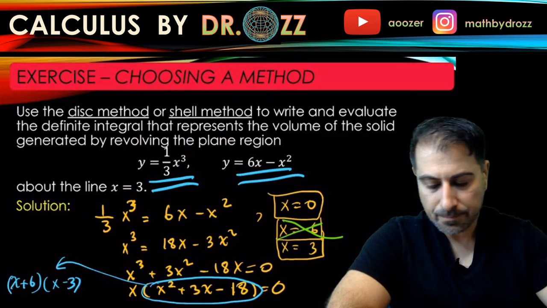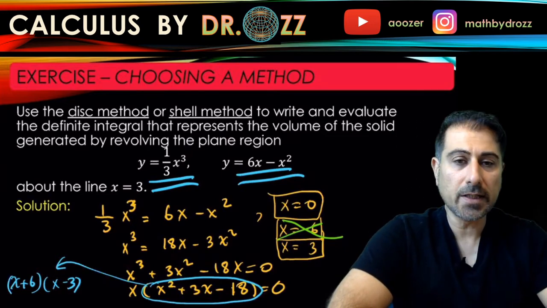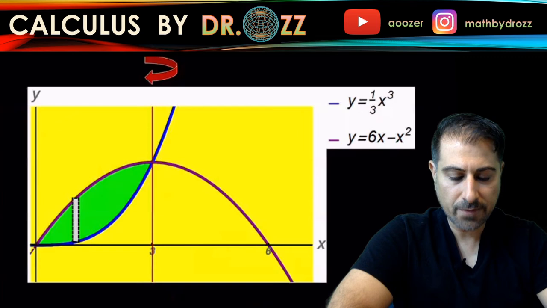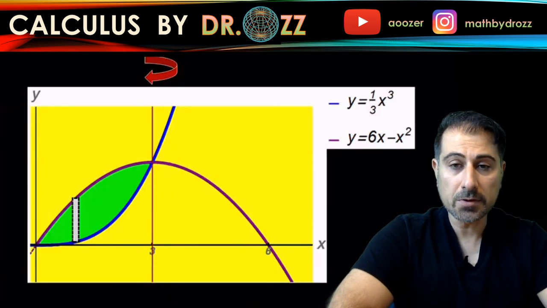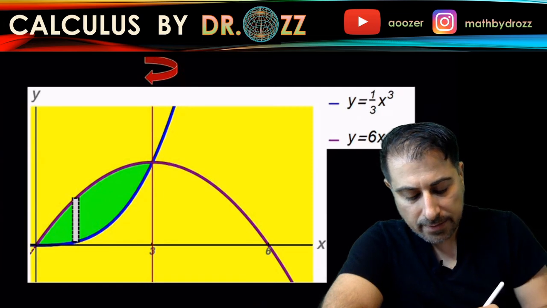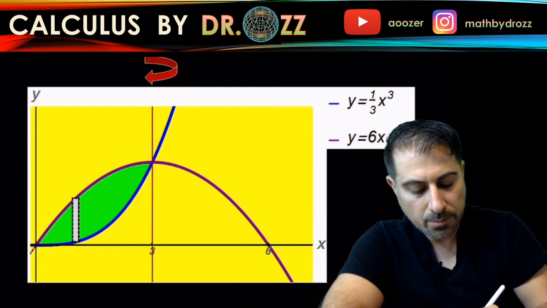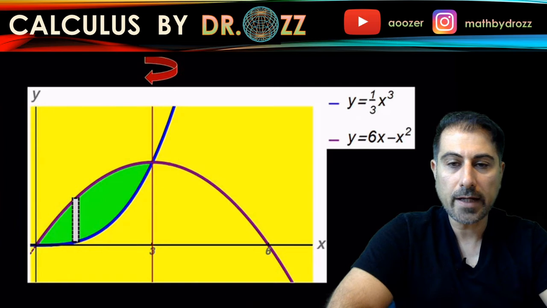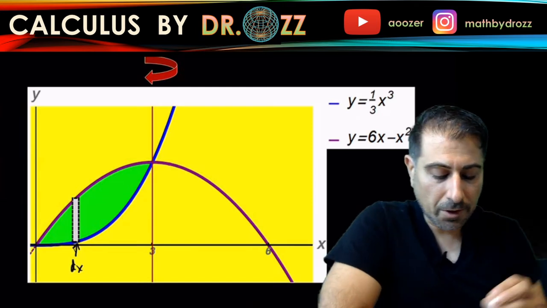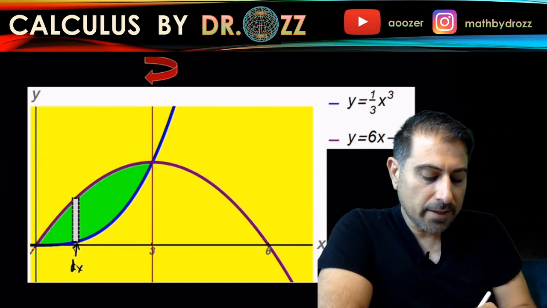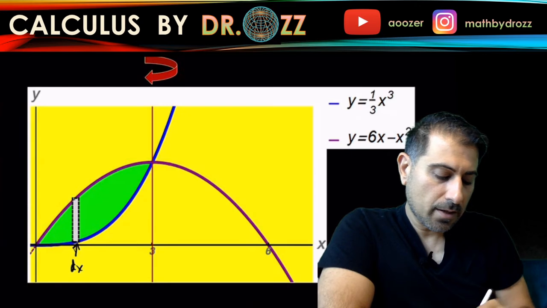But let's check. So if you want to keep the integral depending on x, and if the axis of revolution is the vertical line x equals 3, it's better to get the thickness to be just dx, so that I can write, like in this case, I have this slice here, vertical slice. When you revolve it around, you're expecting to get a shell like this.